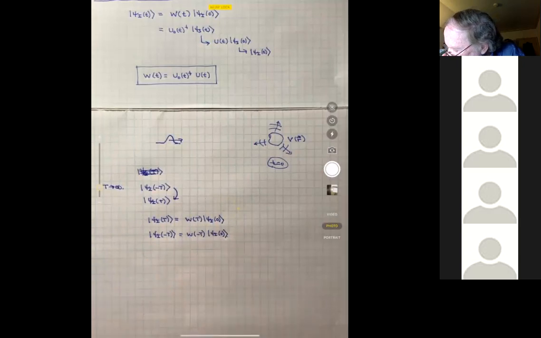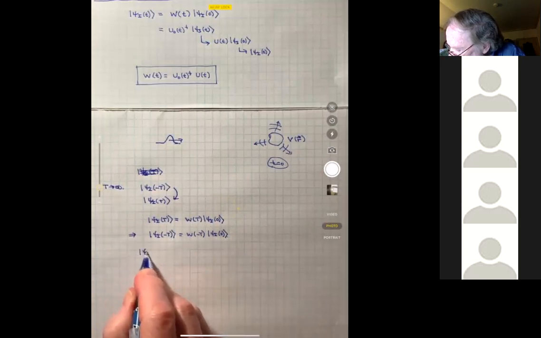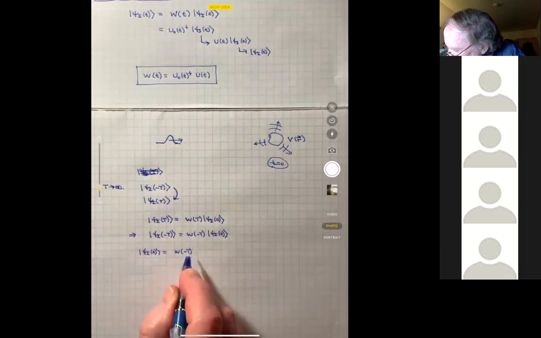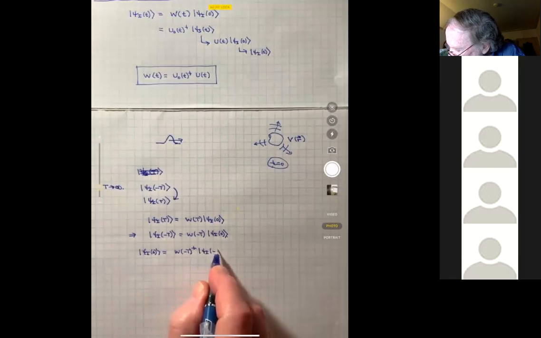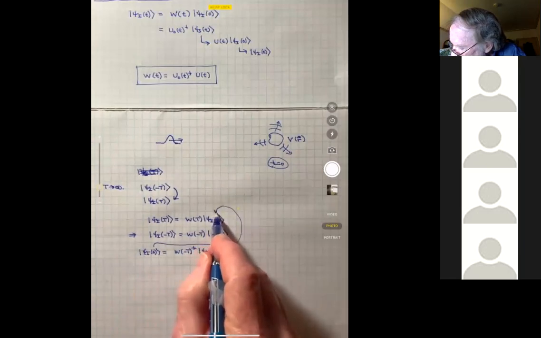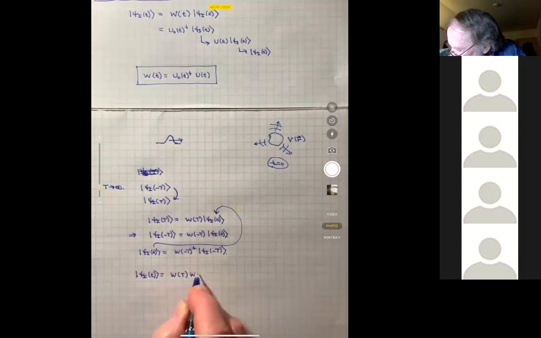I have psi I of 0 equal to W of minus T dagger, which is the inverse because they're unitary operators, times psi I of minus T. And then plugging that into the upper equation, we get that psi I of T is equal to W of T times W of minus T dagger times psi I of minus T, like so.